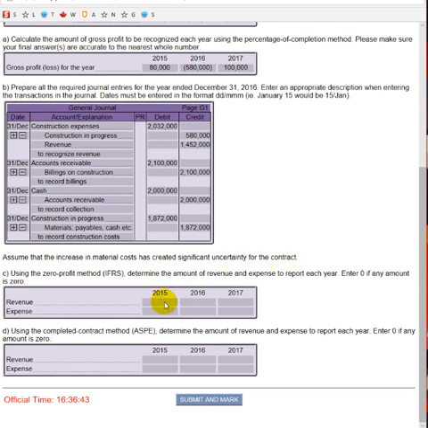So that means our revenue the first period is basically the same as the amount of the expense. 440,000 there, and 440,000 there. So we record the revenue to match the amount of the expense. We haven't recognized any profit at all because of the uncertainty in the contract. So the zero profit method results in zero profit.